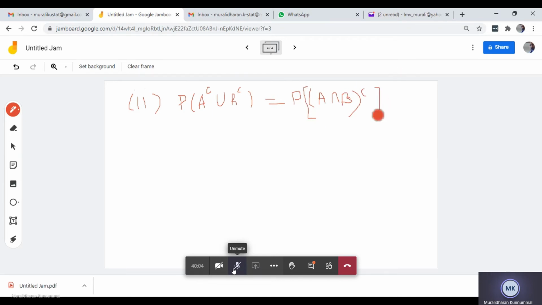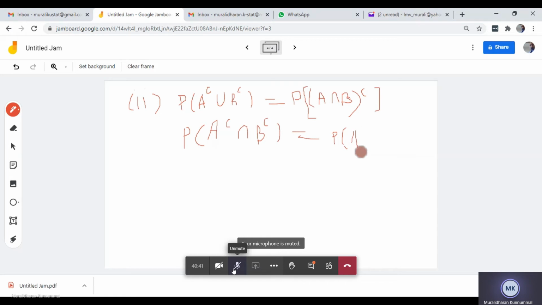So P of A complement intersection B complement. Similarly, you can write P of A complement is simply equal to P of A union B whole complement.